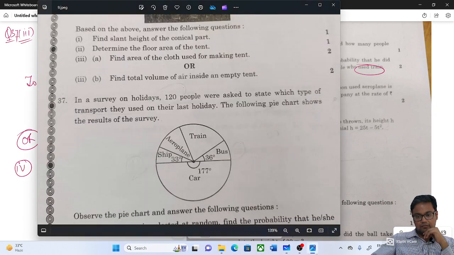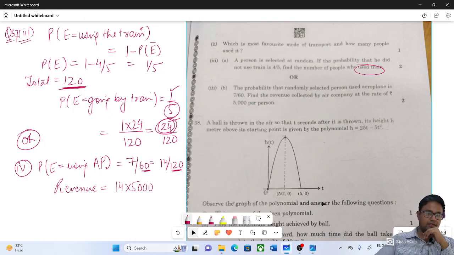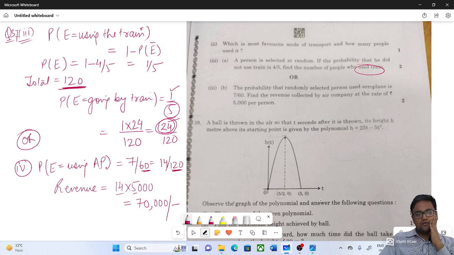Let us see whether some discount or share or something like that is mentioned. No, nothing has been mentioned over there. So 14 times 5 is 70. So children, this is the amount which the company might have obtained from the people who opted for going by aeroplane, right?